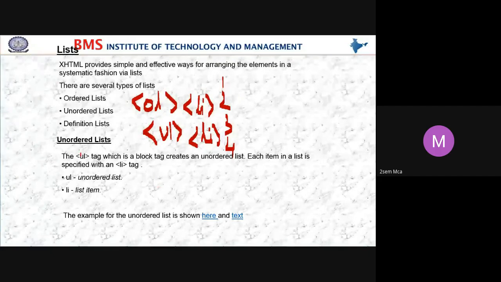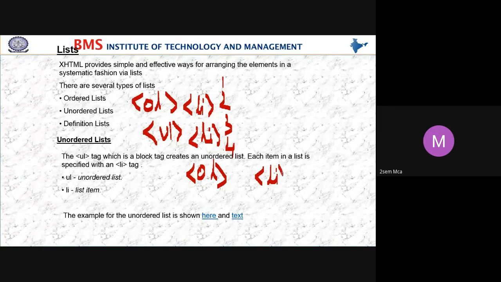Same thing for the ordered list: the block tag is OL, and each element in the ordered list is specified with LI. I will demonstrate, students. If I execute the program and show, you will get a clear idea.